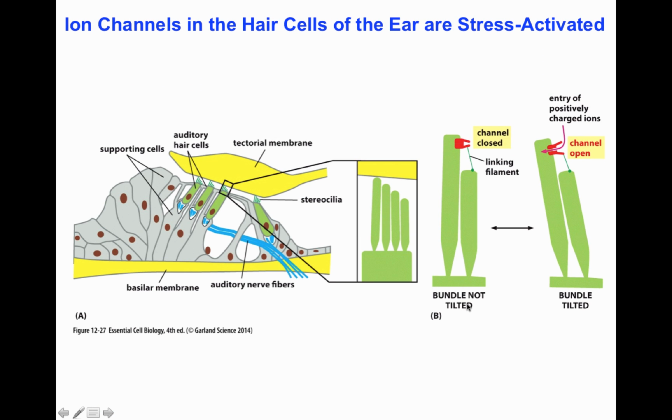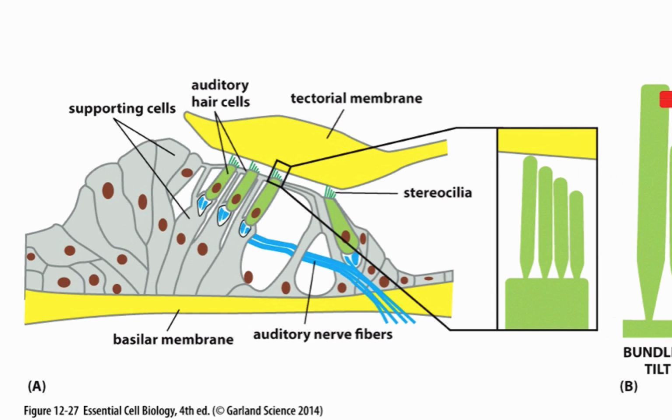Now, for example, here are the ion channels that are in the hair cells in the ear, and those are going to be stress activated, so they're mechanochannels. As we discussed earlier in lecture, the ear has a set of cells called auditory hair cells. Those auditory hair cells, shown here in green, have a set of cilia called stereocilia.